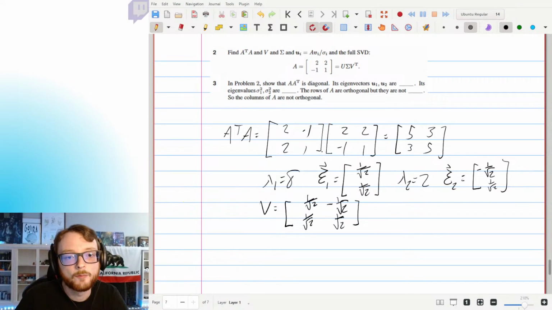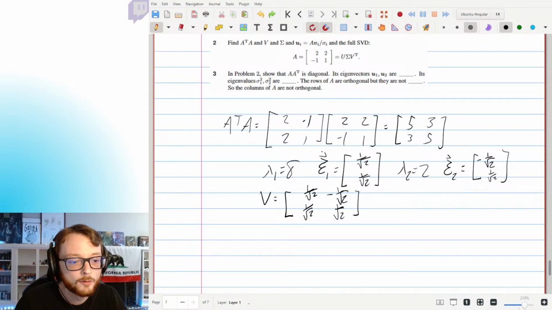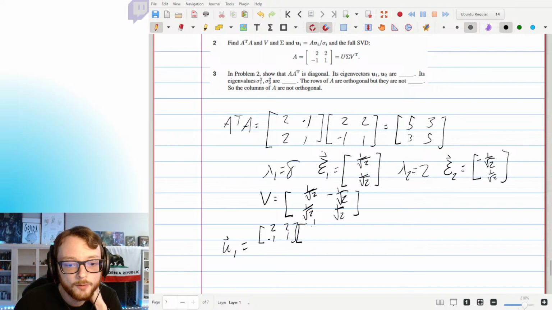And then they provide this formula to find the u's once you know V. So U1 is A times 2, 2, -1, 1, which is V1, divided by sigma 1.